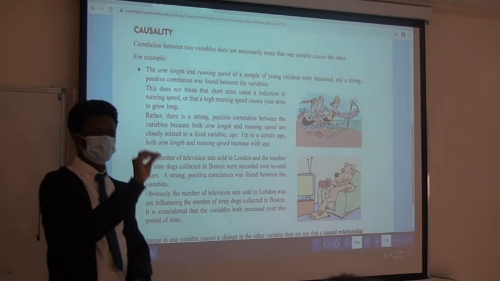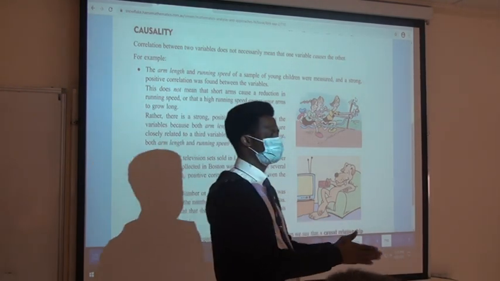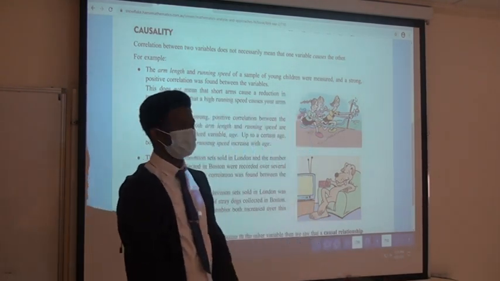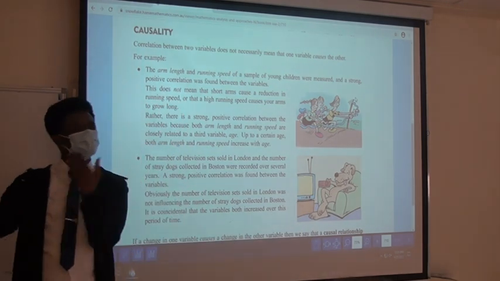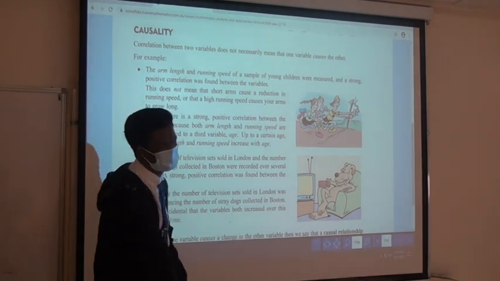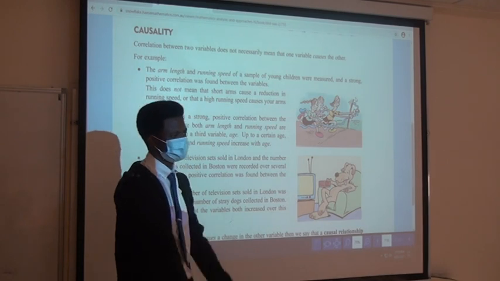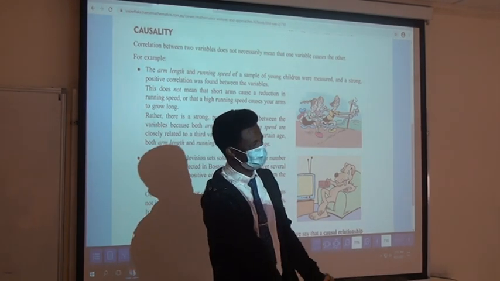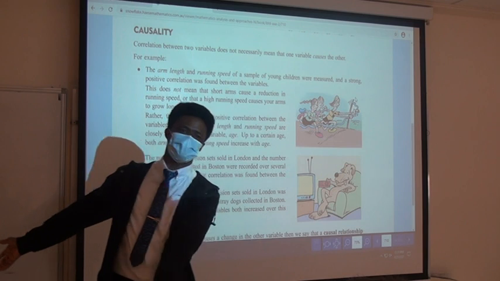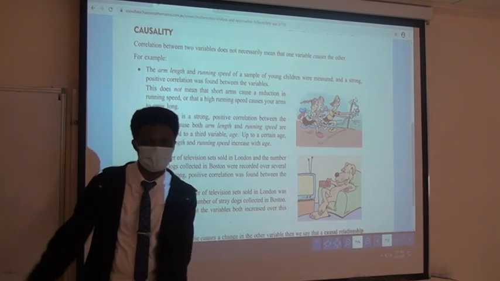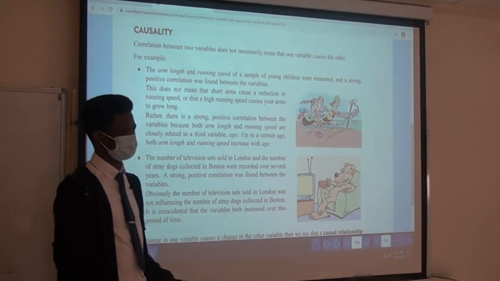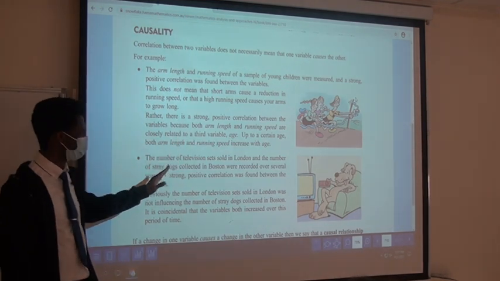Even though when the data was put on the scatter plot and the correlation coefficient was found, it is positive. But does it mean that stray dogs cause television sets to be sold in higher numbers? Or that a lower number of televisions sold gives a lower number of stray dogs on the street? No. That's what this is talking about.